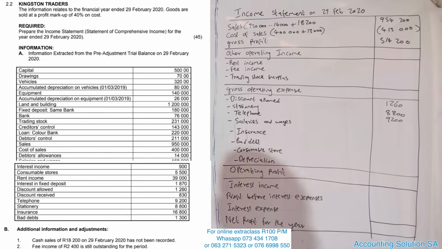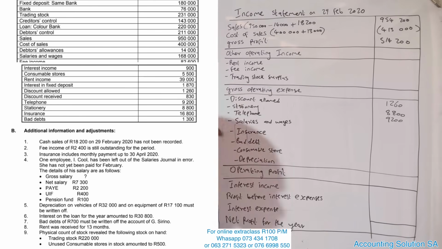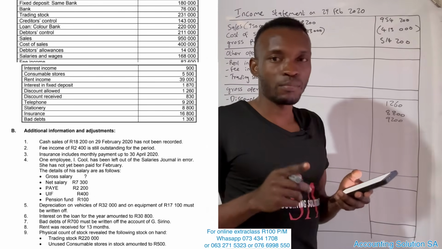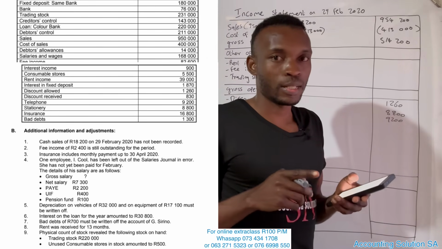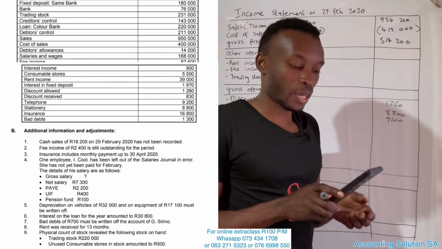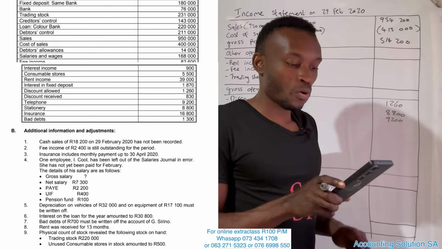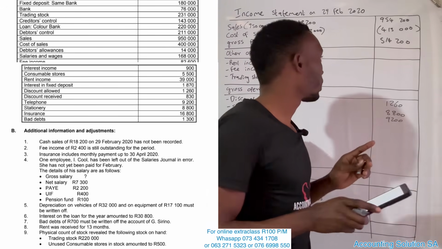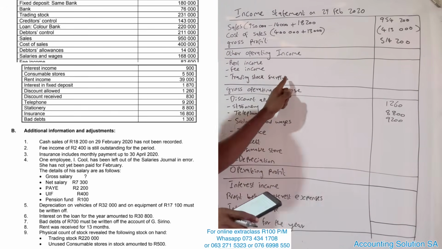Okay. So now let's go to other operating income and try to finish it. So the part that I love on this question paper, guys, is that, remember, on part 1 we calculated a trading stock deficit.